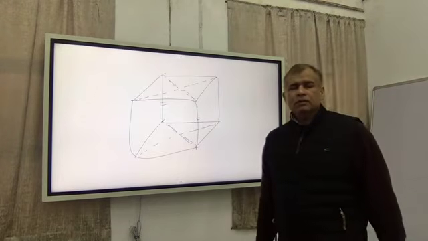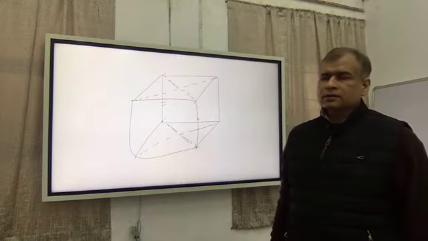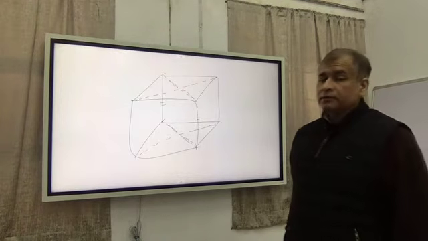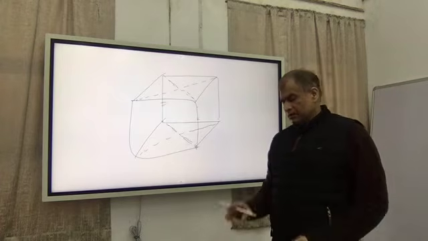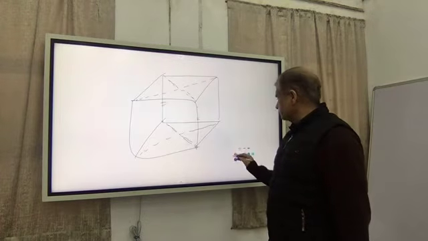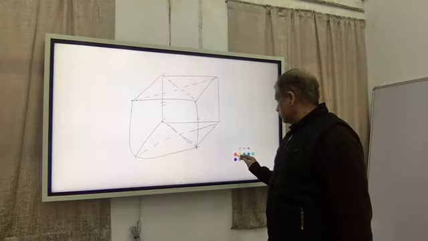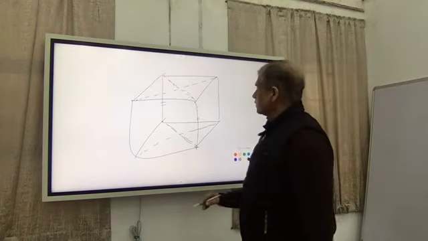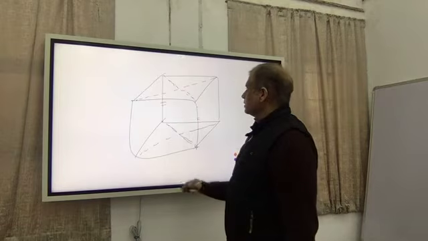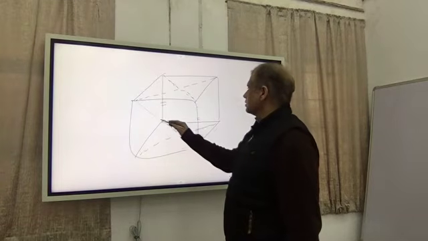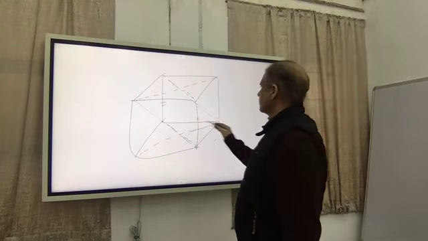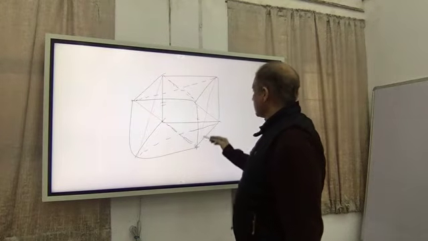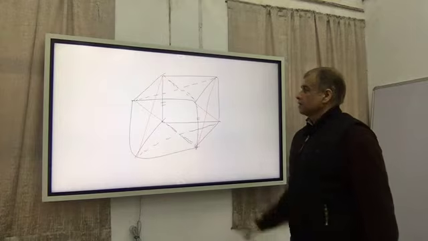How much will be the total number? The answer is 6. Why? Because there are 12 edges, and if there are 12 edges, then there are 6 pairs of opposite edges. So just for your fun, I will draw 2 more. One plane, okay?